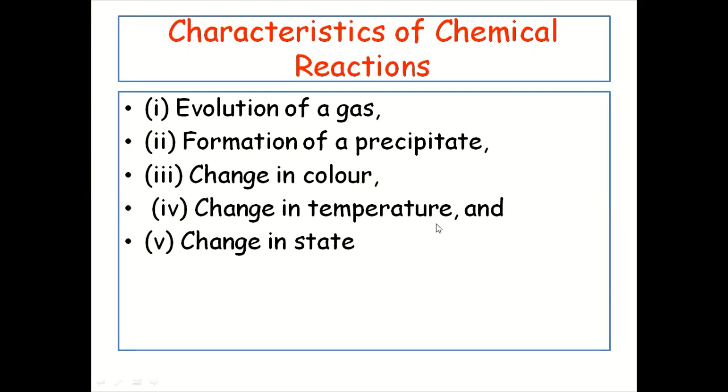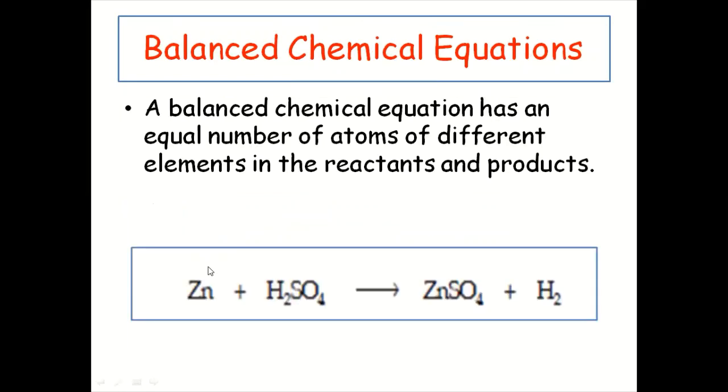And change in state. Similarly, change in state can happen or it may not happen. But some of these five might be there. All these five can be there. Any one of these, or some of these five might be present during a chemical reaction.